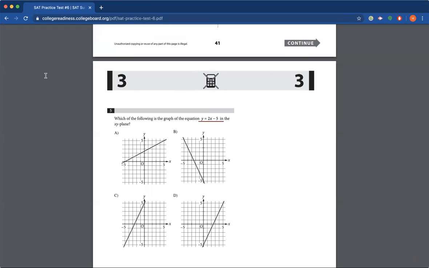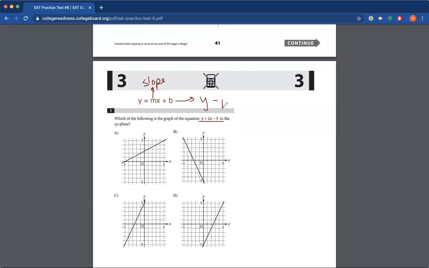Our equation usually comes in the form y equals mx plus b. So this is our equation. Our m over here is the slope. b is our y-intercept.